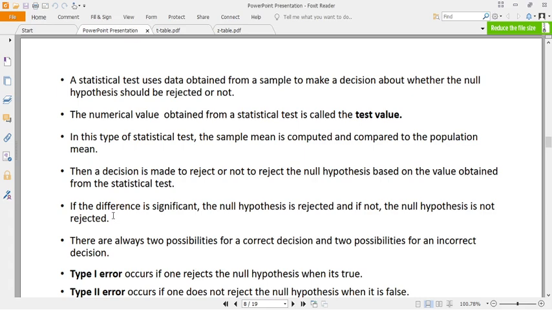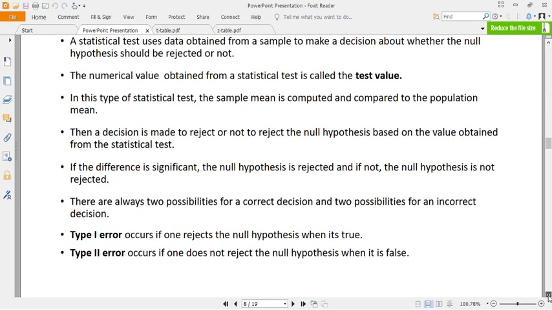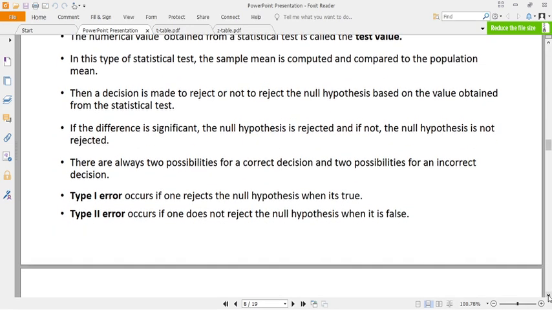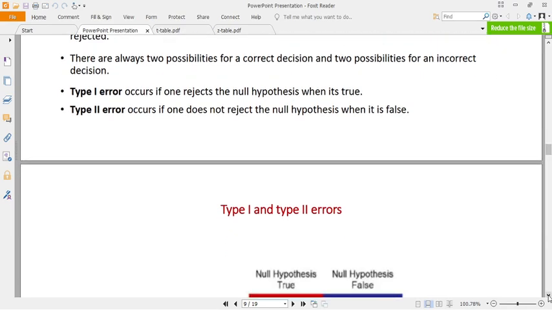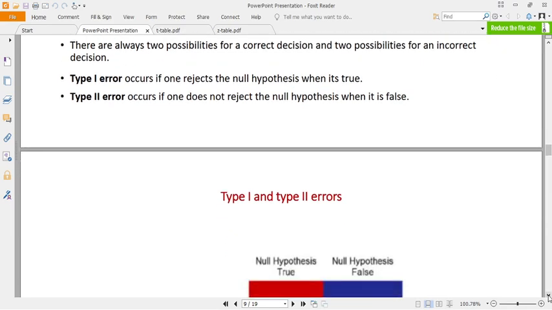There are always two possibilities for a correct decision and two possibilities for an incorrect decision. So if you make a wrong decision, you commit what we call a type 1 or type 2 error. A type 1 error occurs if one rejects the null hypothesis when it is true.